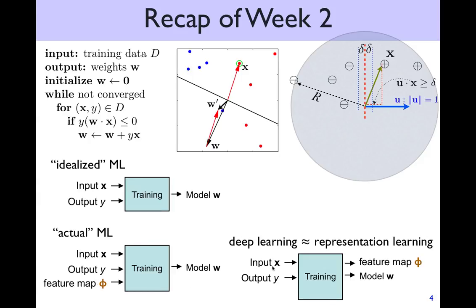Right, so the modern version of machine learning, the cutting edge area in machine learning is called deep learning, which is also known as representation learning, where you try to automate this feature map learning as well. So you don't want to define the feature map yourself. You want the machine learning algorithm to figure it out automatically.